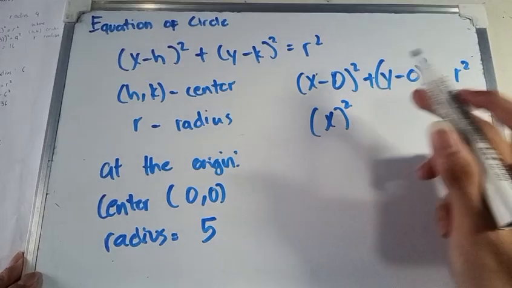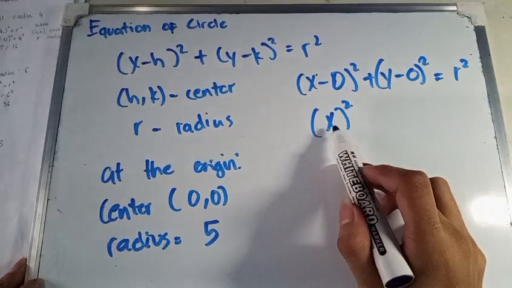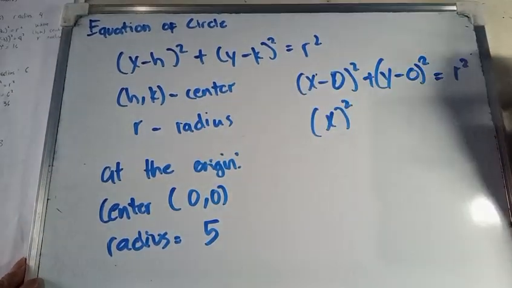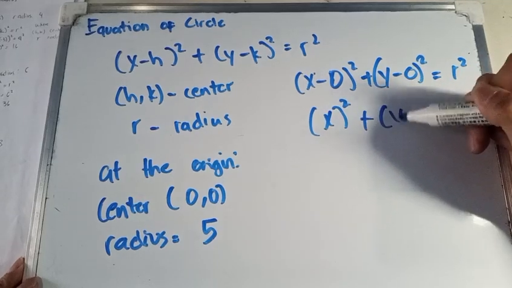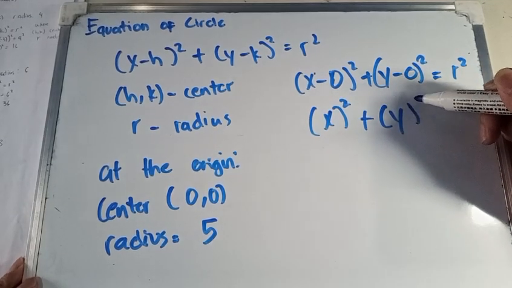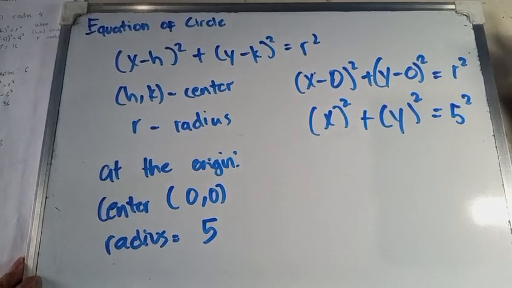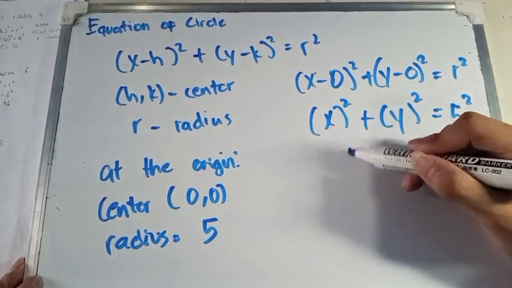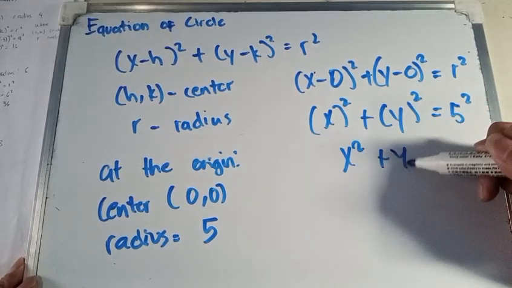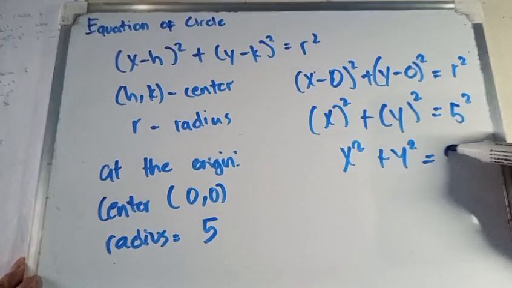So we can leave it like this. Same here, we get y squared equals r squared, which is 5 squared. Now we can bring this down: x squared plus y squared equals 5 squared, which is 25.